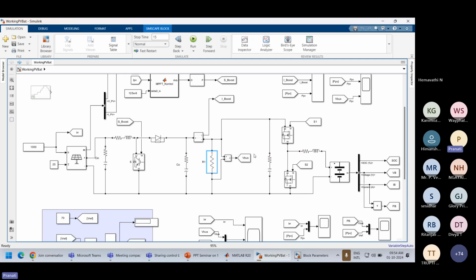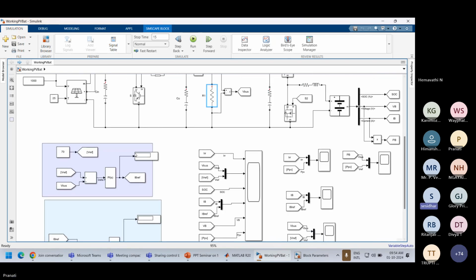Whatever bus voltage comes, accordingly, we need to give the reference value here. Initially, I saw the bus voltage coming as 70 volt. Then we have taken 70 volt as the reference value.